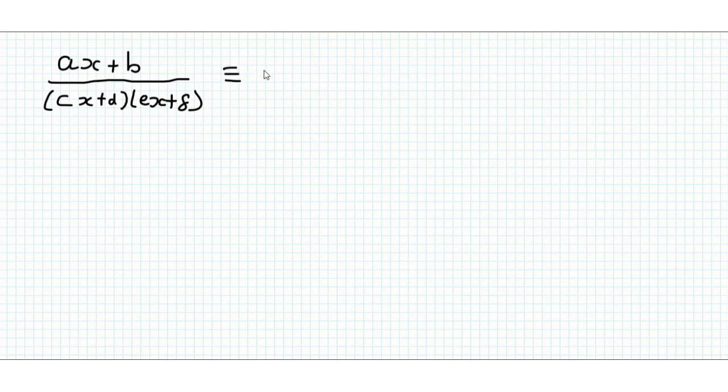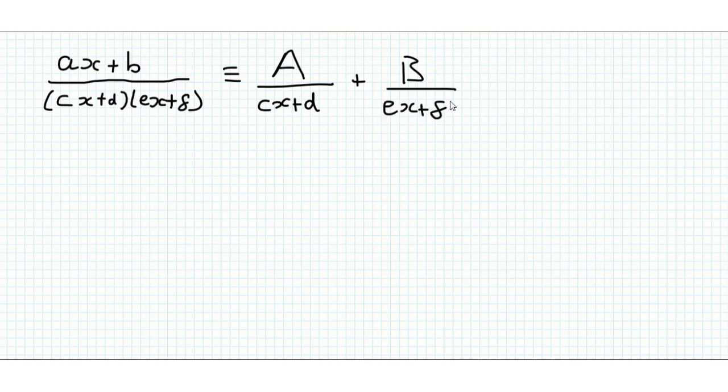for all x, okay, so this is why we use an identity sign, there is a capital A and capital B which satisfies this equation.